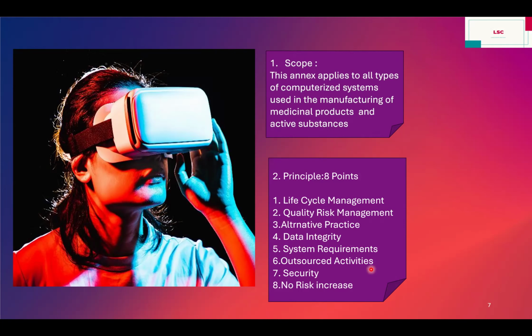Then six, outsourced activities. In this Annex 11, the outsourced activity or supplier-related activity is very clearly mentioned, and we can understand it; you can give a comment also if you face any trouble with that. So when we use outsourced activity, the regulated user remains fully responsible for adherence to the requirements. It means if you are involved in outsourced activity, the regulated user is wholly responsible for everything.